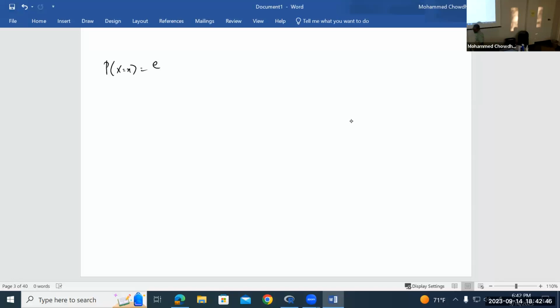So what is the difference between variable and random variable? Age is a variable, right? Age is a variable. Yes. So is it a random variable? What is the difference between variable and random variable?